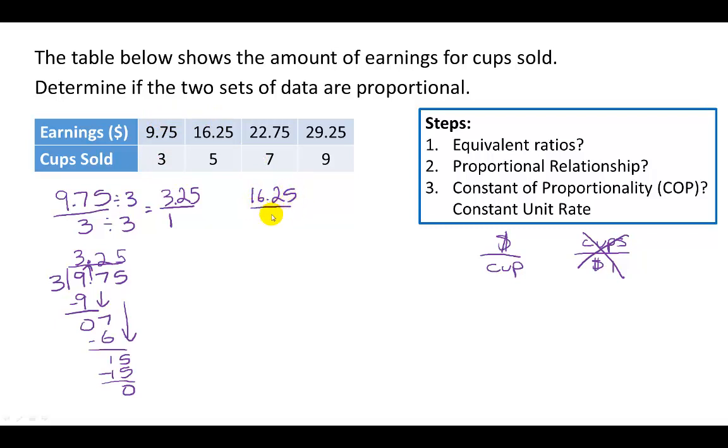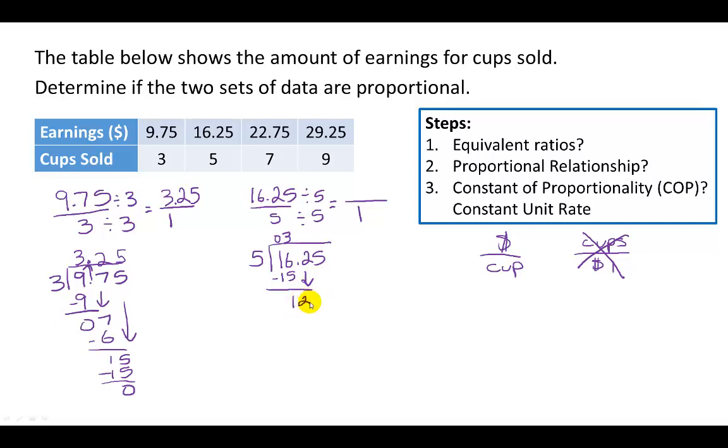16.25 over 5, we're going to divide by 5's. We'll get a 1 in the denominator, and we're going to set up 16.25 on the inside, and 5 is on the outside. 5 into 1 is 0 times. 5 into 16 is 3 times. 5 times 3 is 15. 16 take away 15 is 1.